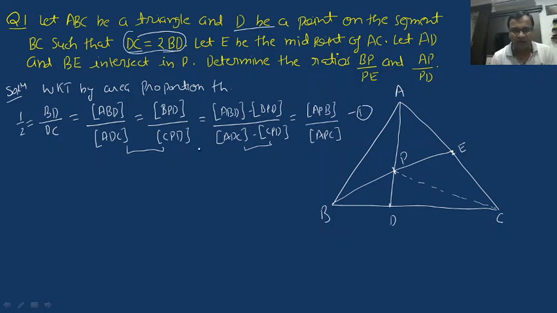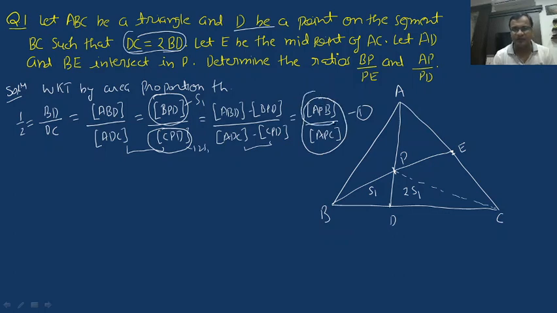1 by 2 means we can write, if we suppose the area of triangle BPD is S1, then the area of CPD becomes 2S1. So area of PDC is 2S1. And also look at the extreme right side of this ratio.